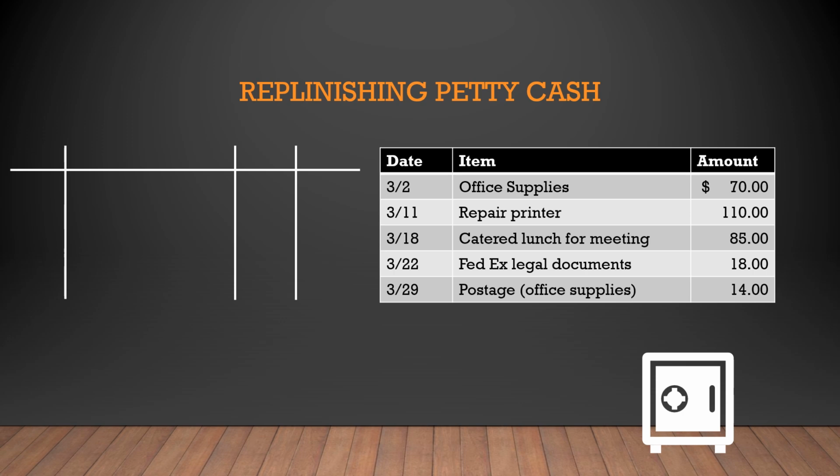At the end of the period, the cash box custodian will take out all of the receipts along with the cash remaining in the box and total everything up. Obviously, however much cash we have left is what we have left, and the receipts represent how much was taken out of the box.